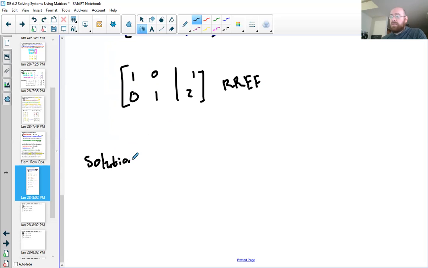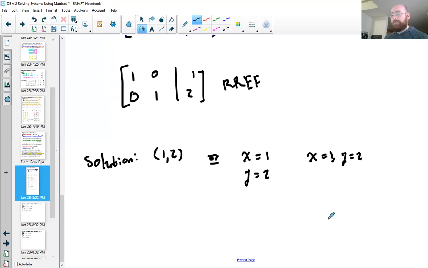So the solution, again, we can give it as a point or a list of variables. So the point would be 1, 2, remembering it represents our x and then our y. Or we could have x equals 1 and y equals 2. If you're typing this, you might write x equals 1, y equals 2.